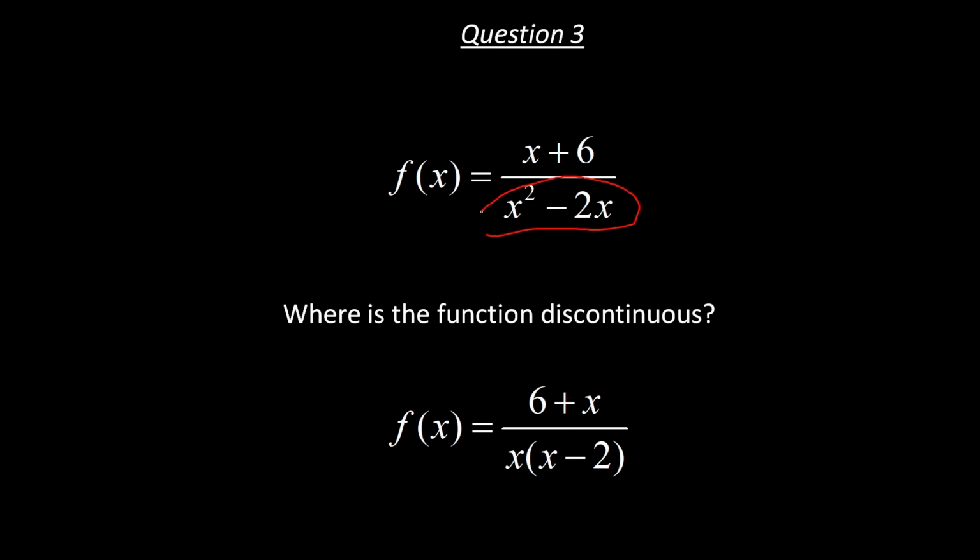You had to factor to find out where the zeros are. So factoring, remember all that factoring you did in algebra? You're going to do some factoring here again, figuring out where these discontinuities are. So 0 and 2 is where this function is discontinuous.